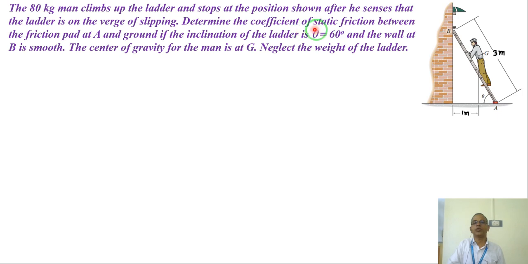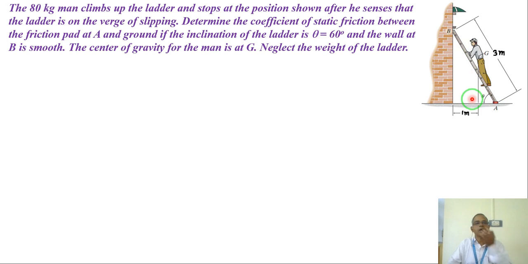So determine the coefficient of static friction between the friction pad, that is here he has provided friction pads, and the ground, if the inclination of the ladder theta is 60 degrees. And the wall at B is smooth. That means here there is no friction. Wall is smooth, so there is no friction.